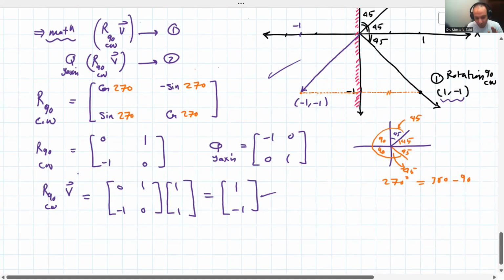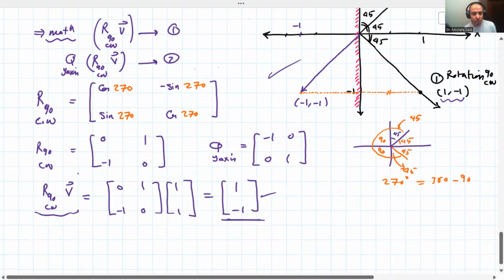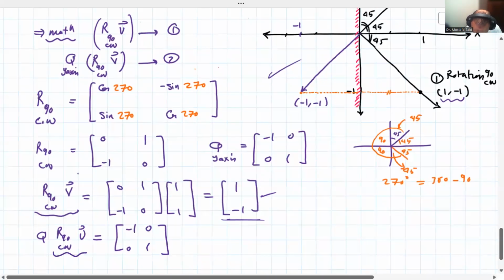Now we're going to multiply this vector of two elements, 1 and minus 1, with the Q matrix. So Q multiplied by R90 clockwise V is equal to: Q is minus 1, 0, 0, 1, and R90V is 1, minus 1.